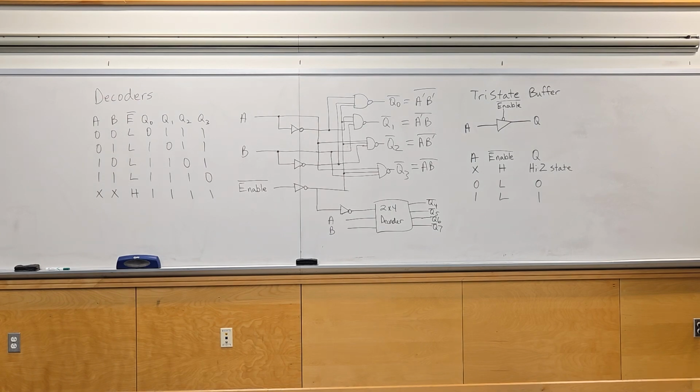The enable bit becomes the 3rd address in the addressable area.